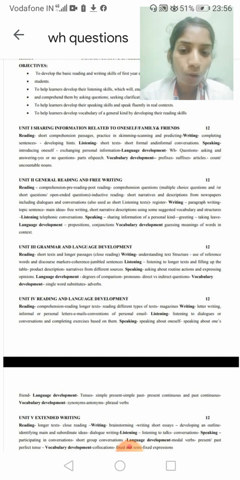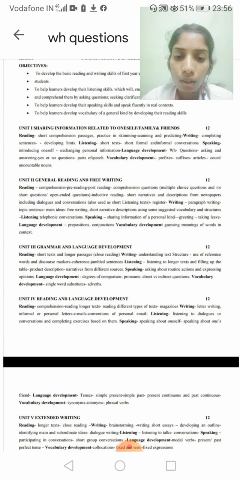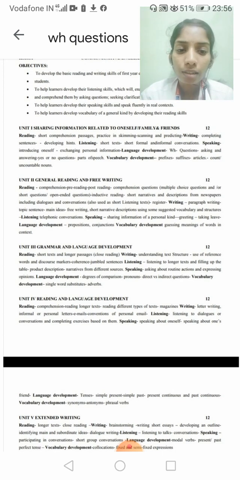They will give you some topic, so you need to write the paragraph. Whatever you want to write, you should write it very carefully, because ideas are more important in paragraph writing.